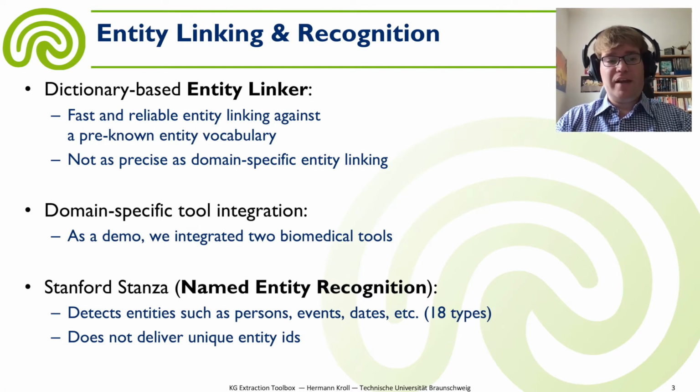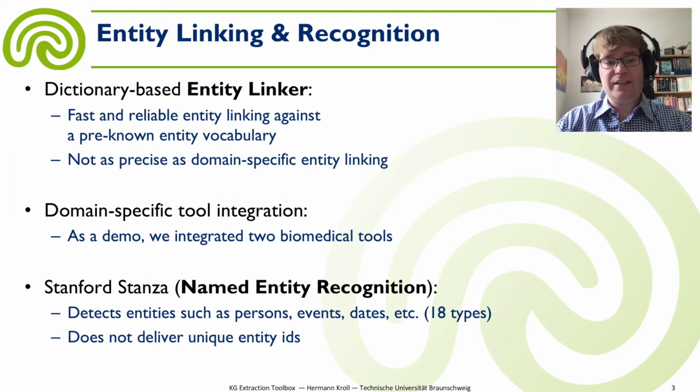So if you need the maximum precision, then it might be beneficial for you to integrate your own domain-specific entity linking tool. As a demo, we have integrated two biomedical tools to show you how you can do such an integration.